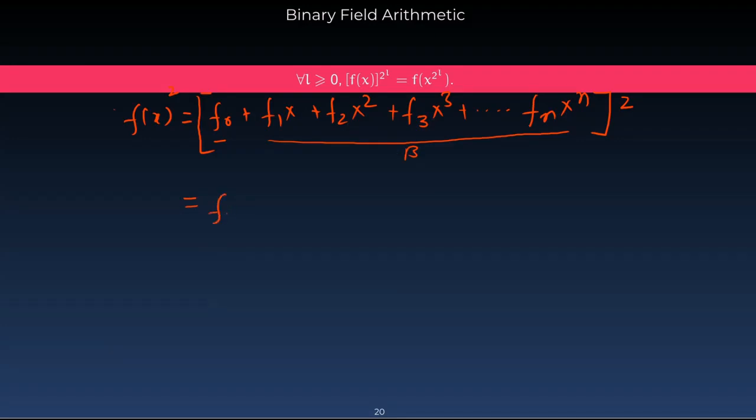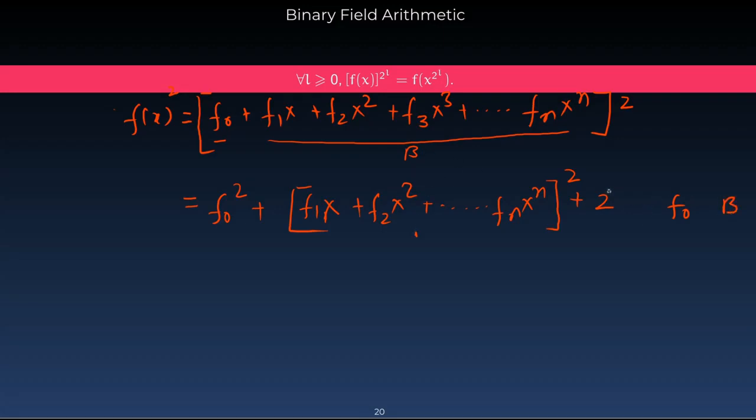So this will be f0 square plus (f1 x plus f2 x square, dot dot dot, fn x to the power n) whole square, plus 2 times f0 and the same b, so this is f0 b.